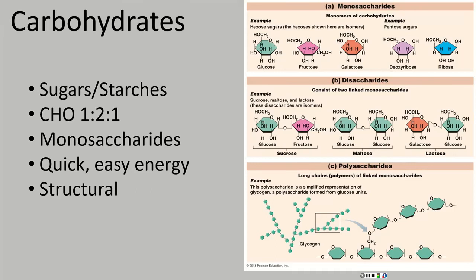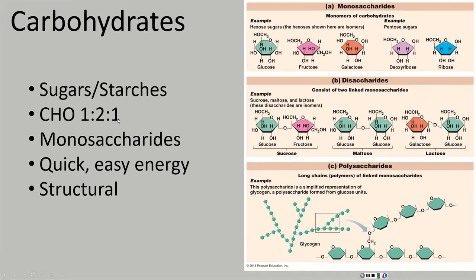Those are the only things that will ever make up a carbohydrate. Carbon, hydrogen, and oxygen. And almost always, that carbon, hydrogen, and oxygen are going to be in the ratio of 1 to 2 to 1.